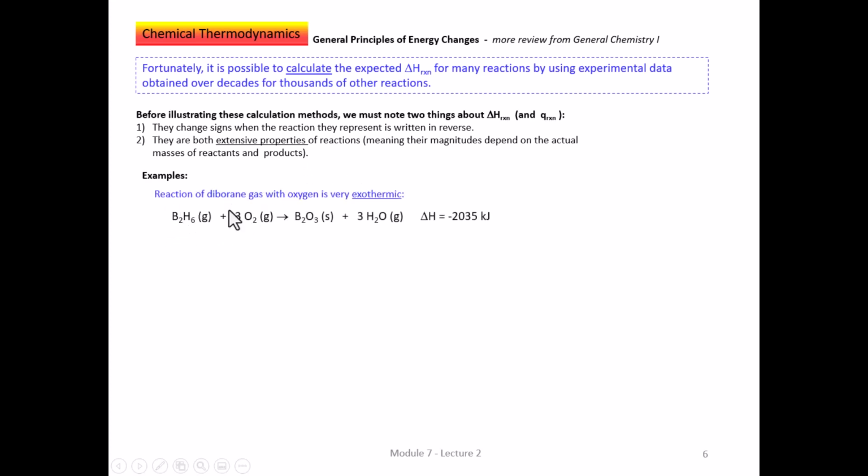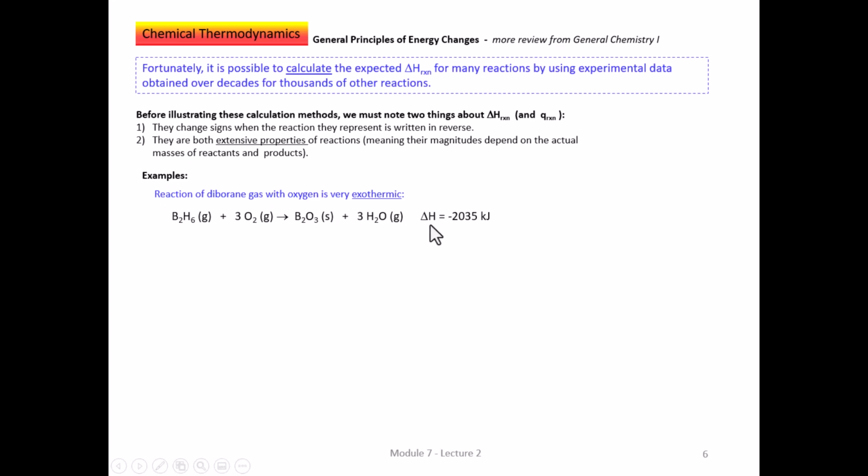The reaction of diborane gas with oxygen is very exothermic. So you don't have to have much appreciation for this reaction specifically. It's just a combustion reaction of a toxic compound. The point I want to make here is that it's very exothermic.